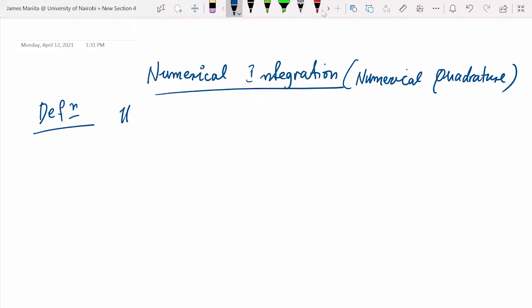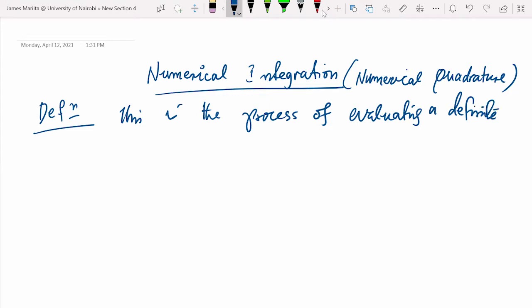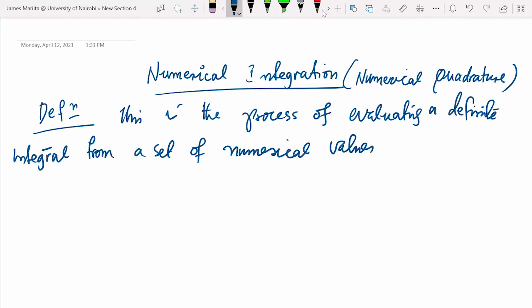And this is the process of evaluating a definite integral from a set of numerical values of the integrand, let's say f of x.